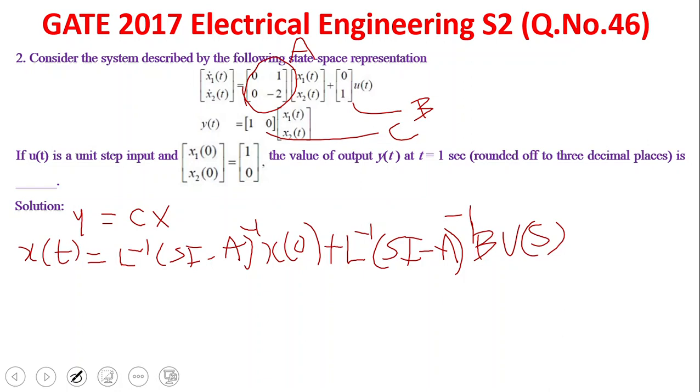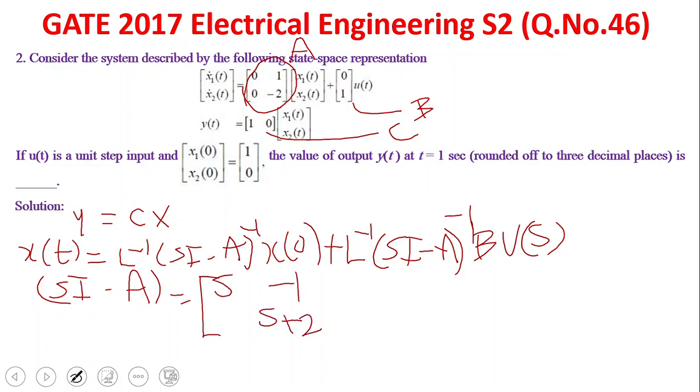First, let us find out Si minus A inverse. So for that I need Si minus A. What is Si minus A? It is S, minus 1, 0, S plus 2.